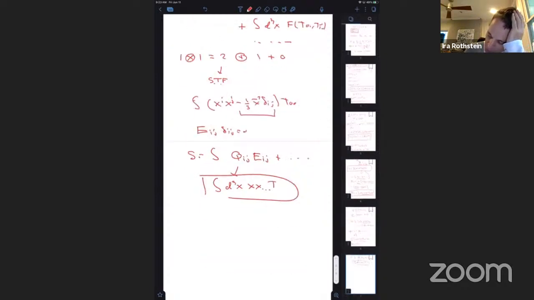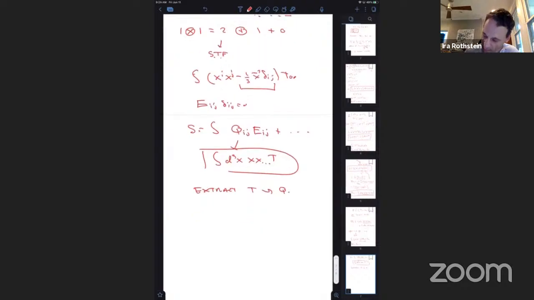So our goal will then be to extract T. Once we have T, that'll give us Q. Okay? So how do we extract T? Well, we said that S defines T in this way. So if we can calculate the linear coupling to the potential to the radiation graviton, I think that was h-bar, that will allow us to extract T.